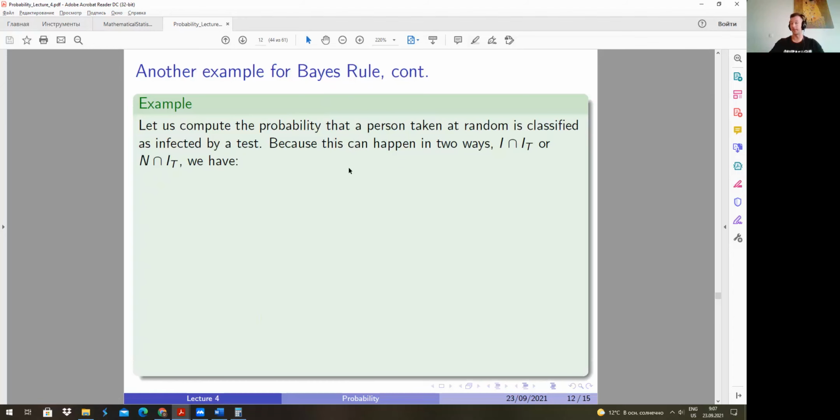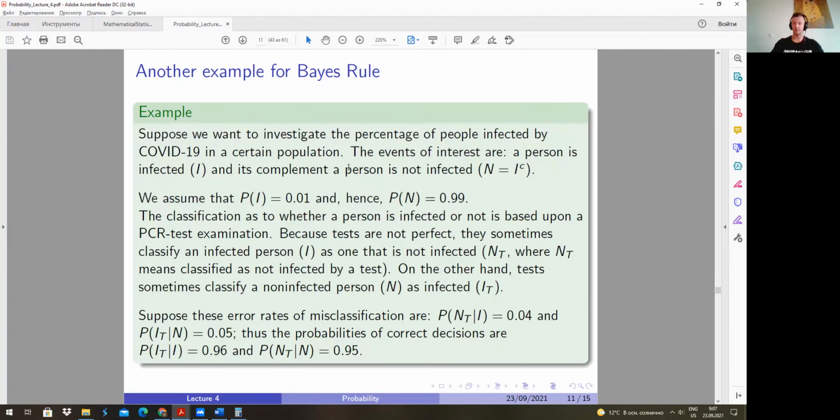So probability of IT, yes. Just the unconditional probability that the test will show you a positive result.